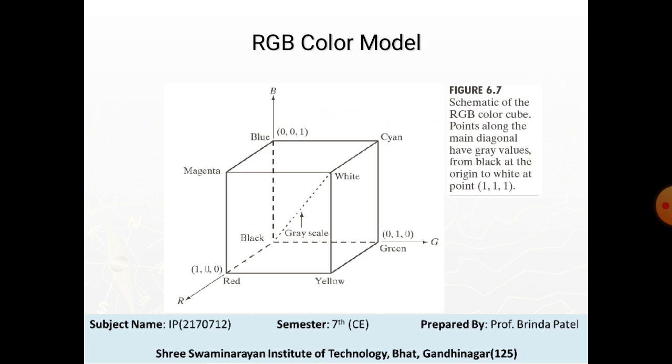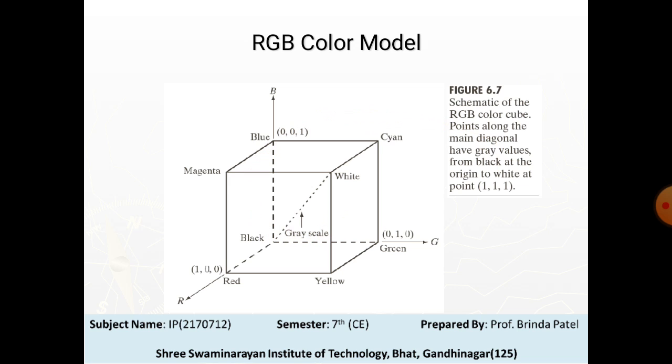The number of bits used to represent each pixel in RGB space is known as the pixel depth. Consider an RGB image in which each of the red, green and blue images is an 8-bit image. Under these conditions, each RGB color pixel is said to have a depth of 24 bits: 3 image planes times the number of bits per plane.